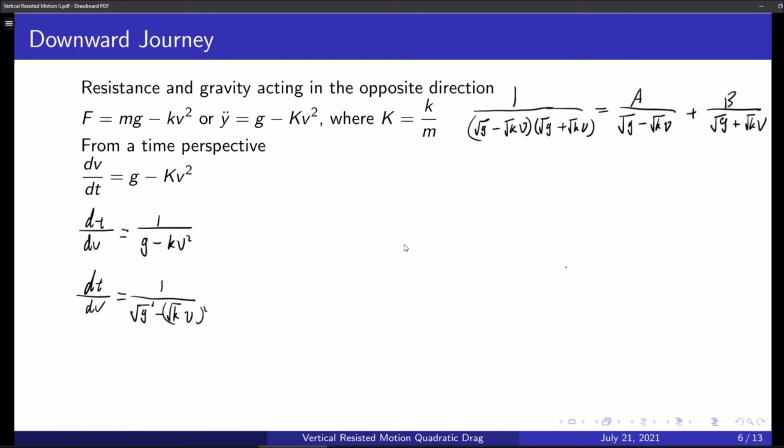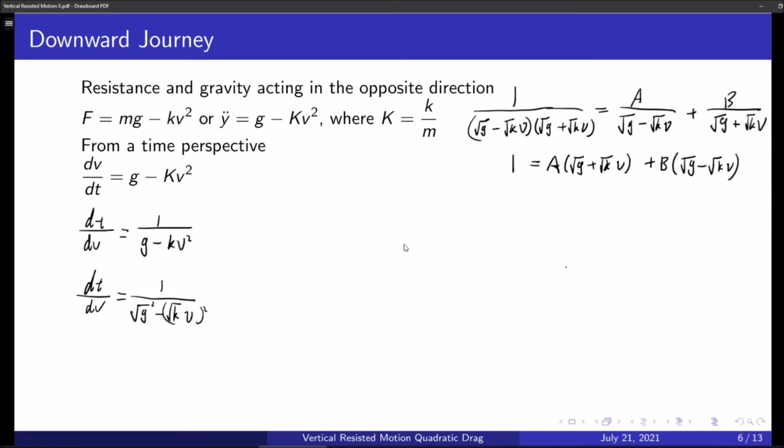So that's what we are aiming at. Now, obviously, 1 would equal a times square root of g plus square root of kv plus b times square root of g minus square root of kv.